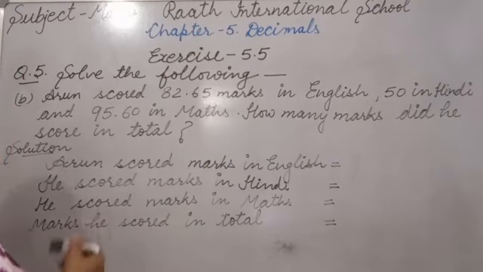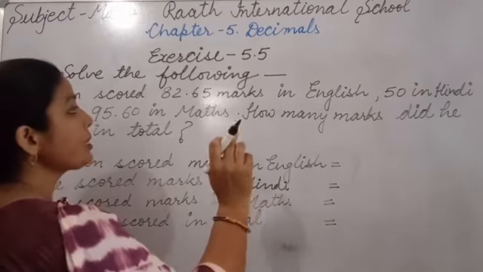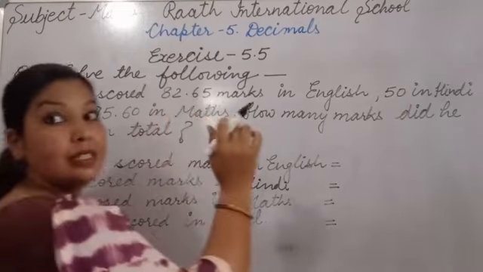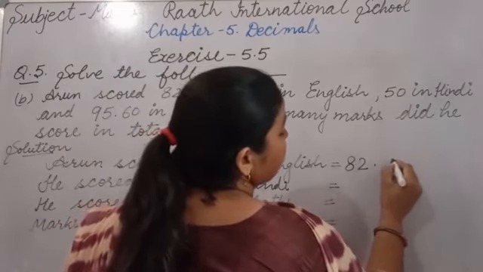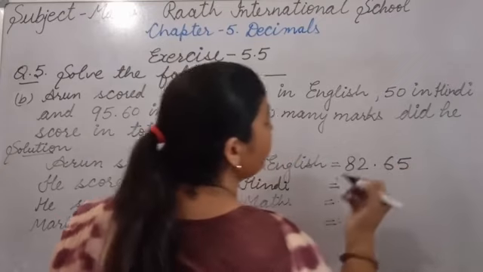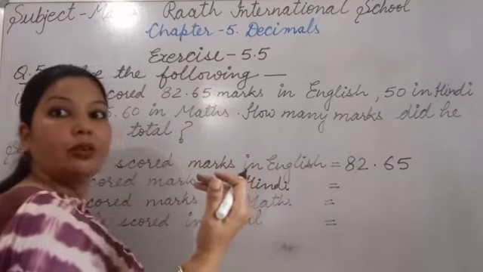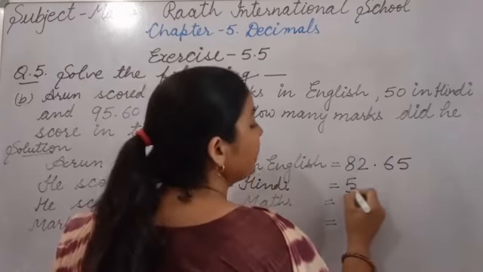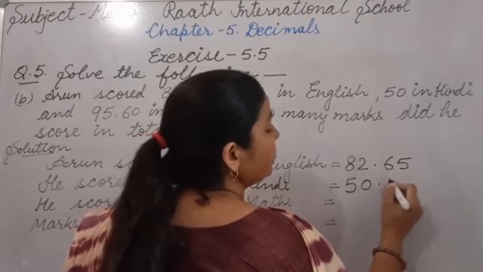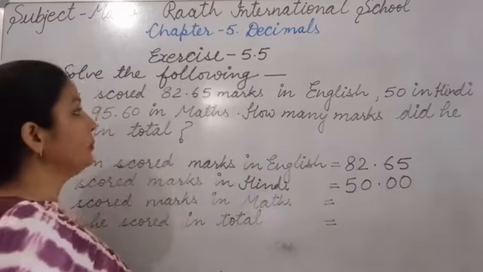So first of all, Arun scored marks in English. How many marks did he score in English? 82.65. So we write here 82.65. Then in Hindi how much? 50. So 50 is a whole number. There is no decimal part. So in whole we will write here 50 and 0.00. In decimal we will use 00.